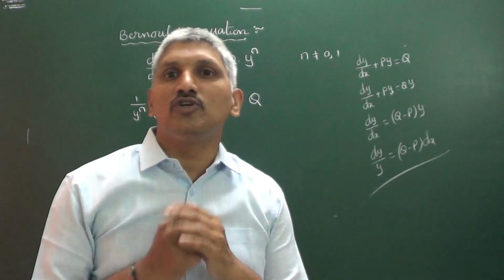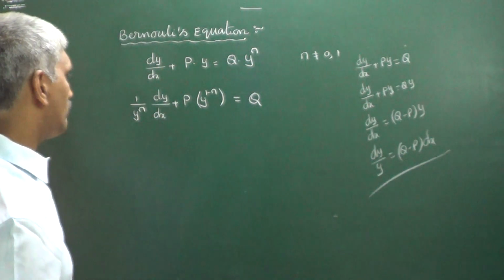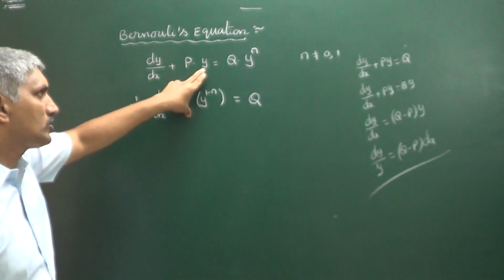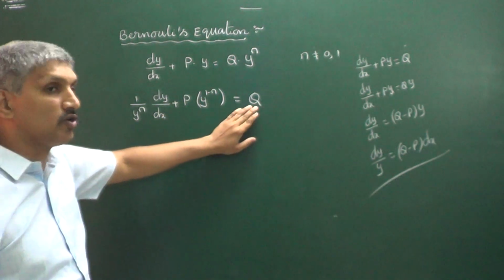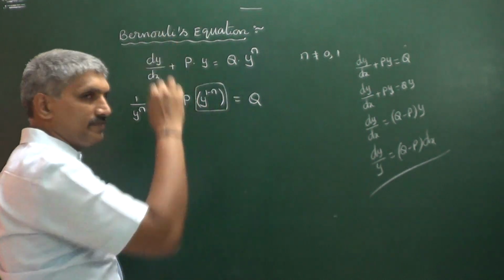To find the solution of Bernoulli's equation, we divide the entire equation by y power n. Here divided by y power n, here also divided by y power n, is equal to q. Now take this term as z.